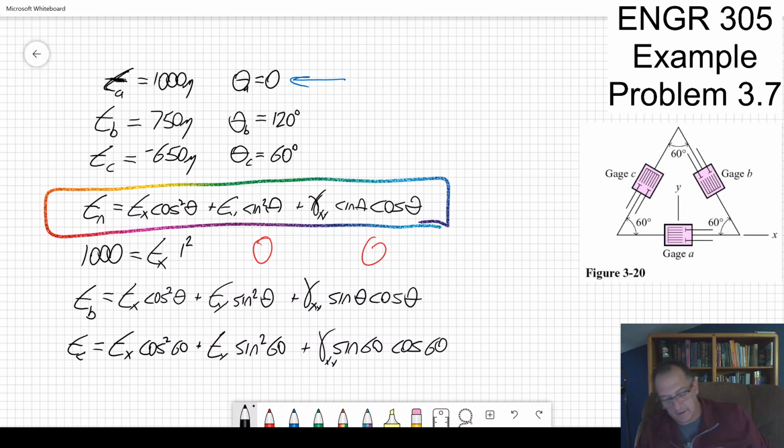And I'm going to put, that's 120, and those are both 120.